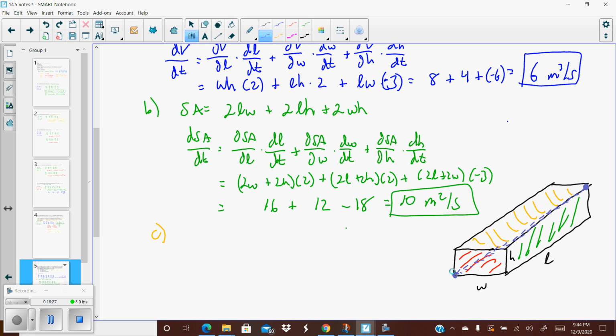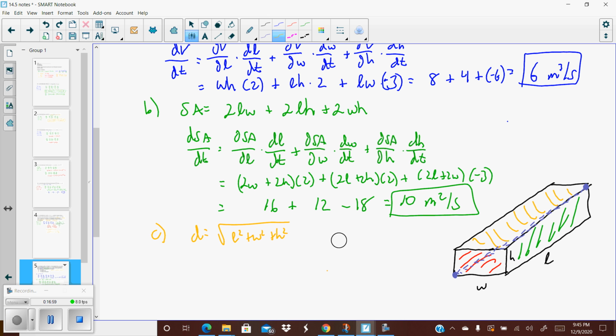So in order to do this, we actually need the equation for the diagonal of a box. Well, the diagonal of a box is literally going to be like the Pythagorean theorem, except that it's three-dimensional. So the diagonal of a box is going to be the square root of L squared plus W squared plus H squared.